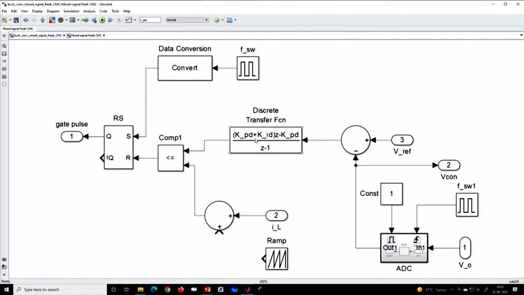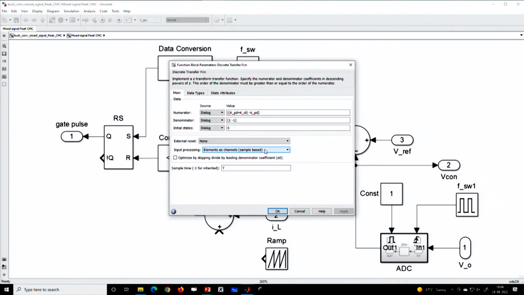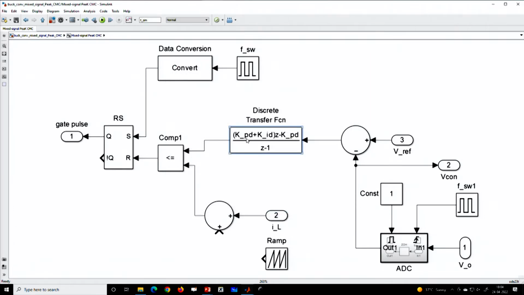I have used the same controller, but I will not use derivative action, so I will put the derivative action to be 0, and you see z equal to 1, because it is only a PI controller. Here KPD means discrete time proportional gain and KID means discrete time integral gain. So this is the representation of a discrete time PI controller.